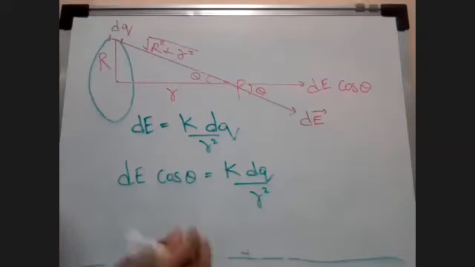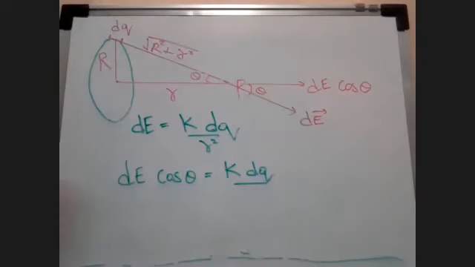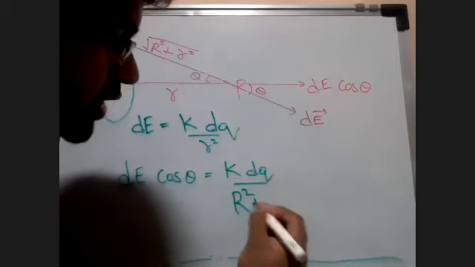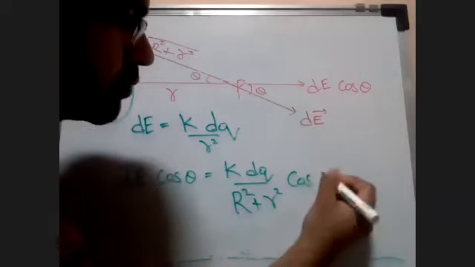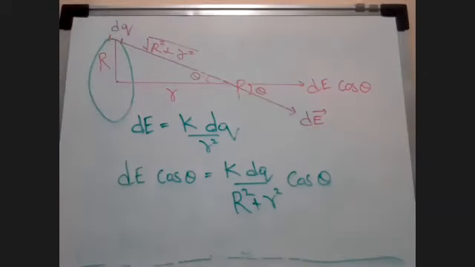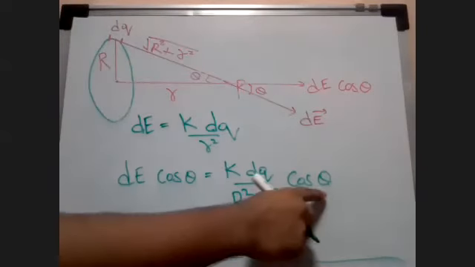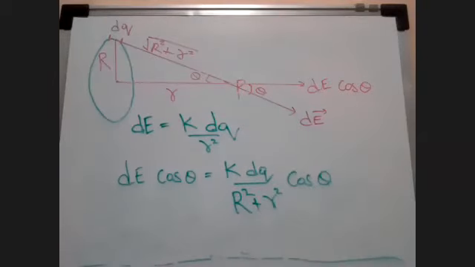Sorry, wait. This r is basically capital R square plus small r square, into cos theta. Now look at this cos theta, it can be written in some other form.